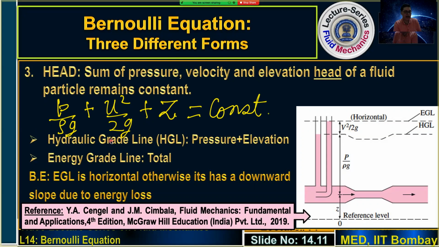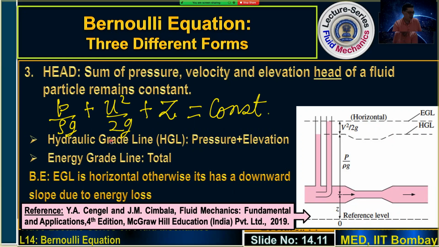This constant we are getting because when we were deriving, we integrated, and although before integration it was 0, we integrated and got this constant on the right hand side. And for an irrotational flow, I had mentioned that this constant is the same on all the streamlines.